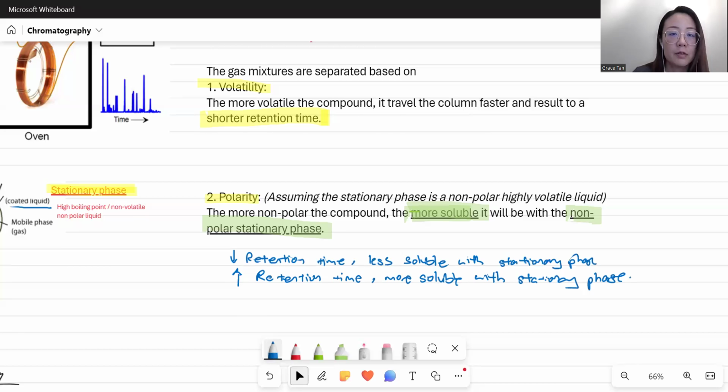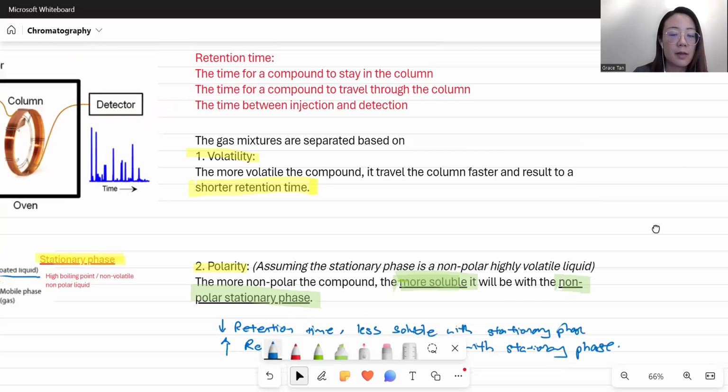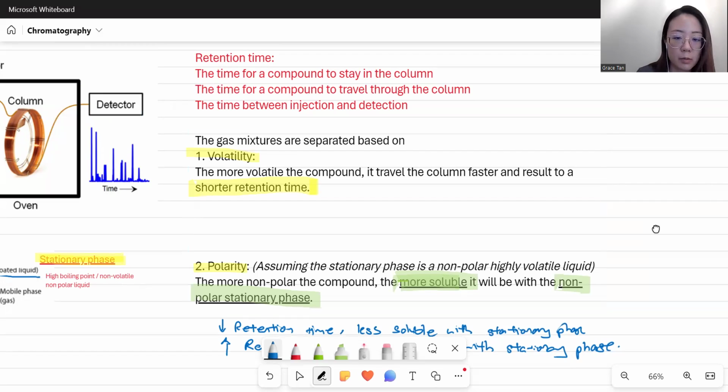Okay, now, so the quantification is the software program. The detector on your computer, they will tell you the retention time, they'll give you a number. So that's the quantification part. And of course, how do we identify the unknown? So as you can see here, this is called a chromatogram. So it's going to be on your computer screen.